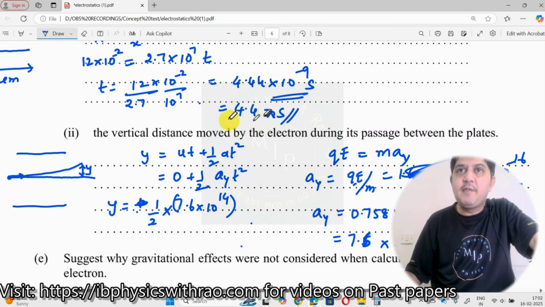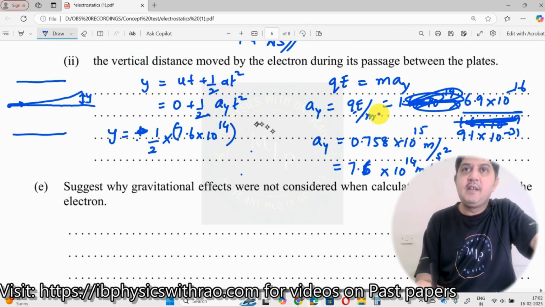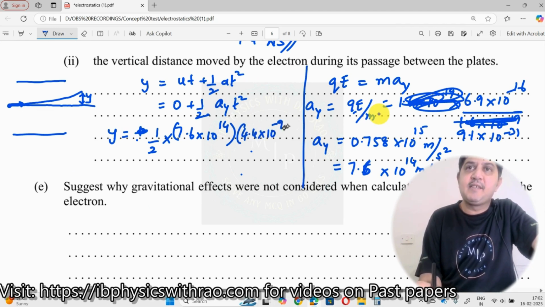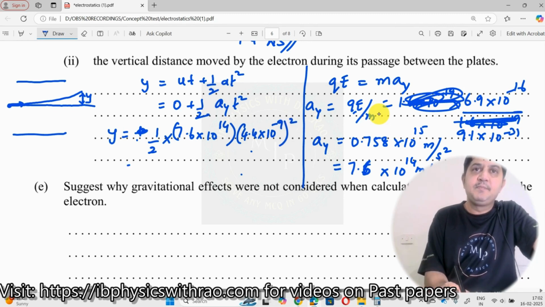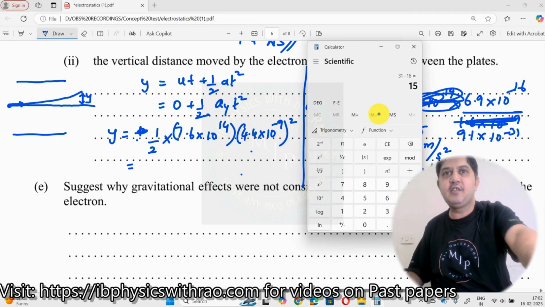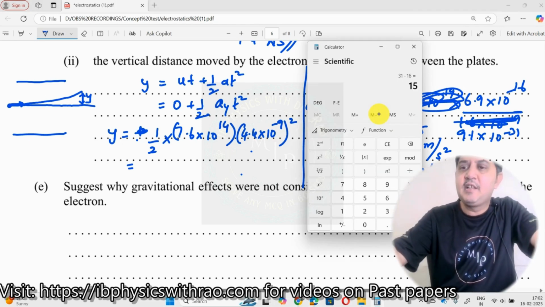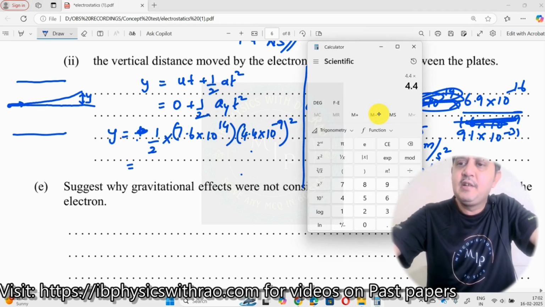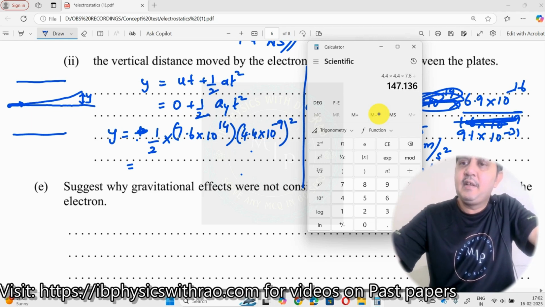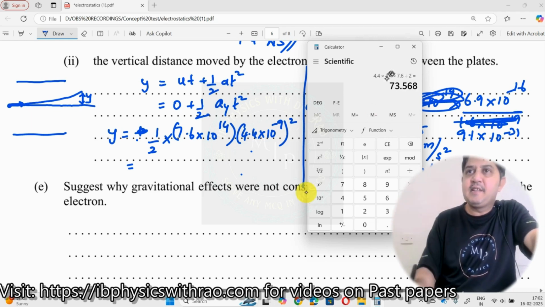We found 4.4 nanoseconds, so 4.4 into 10 to the power of minus 9, whole square. Now let us do the math here. Lots of calculation, but it generally reveals a lot of information. 4.4 into 4.4 into 7.6 divided by 2. I get 73.568. Let me take 74.